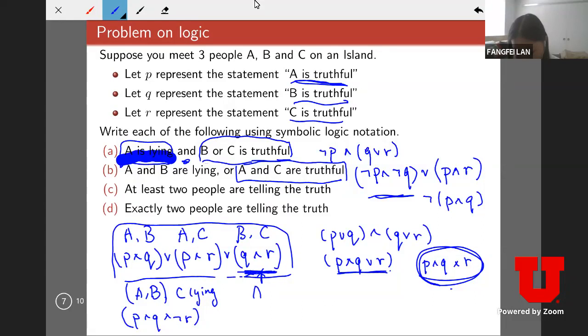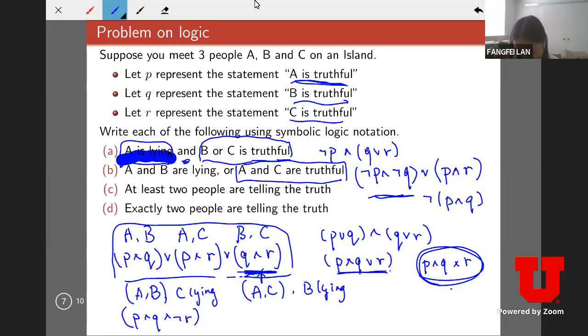So what about A and C are truthful and B is lying? A and C are truthful and B is lying. Yes, I see questions.